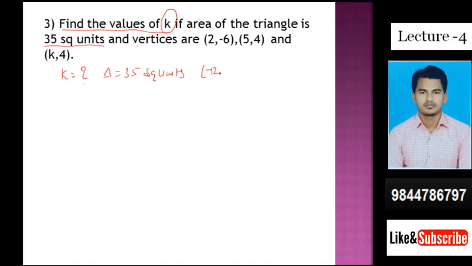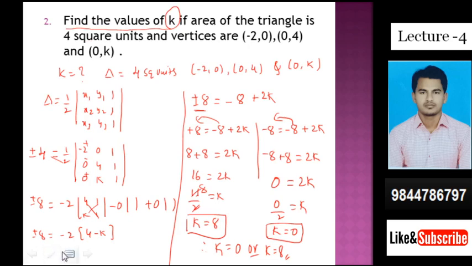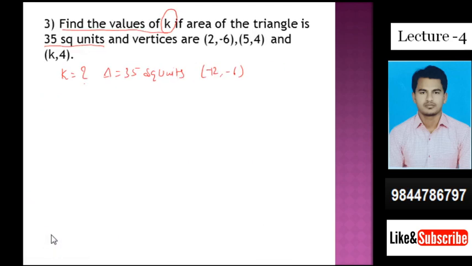Plus 2 comma minus 6, 5 comma 4 and k comma 4. This is my x1 y1, x2 y2 and x3 y3. What is the formula?